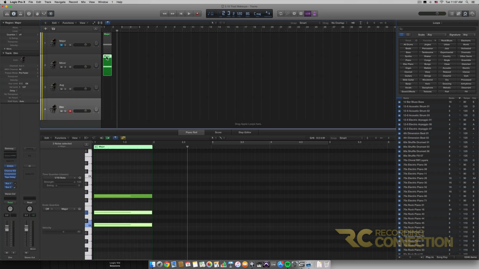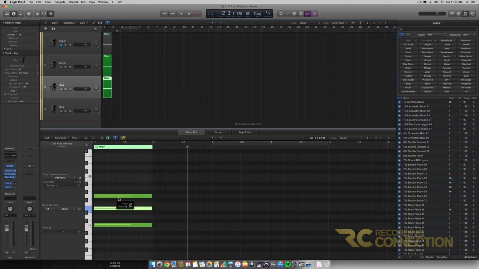Now let's talk about augmented triads. I'm going to drag down the major triad region because there's very small changes between a major triad and an augmented triad. So far, the only changes we've made have been around the third in a triad. Now we're going to focus on changing the fifth. To get an augmented triad, we need a major third and an augmented fifth.